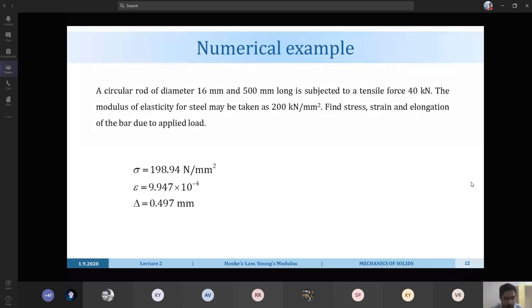What is the stress you are getting? I think calculation mistake, sir. I've taken in meters, sir. Actually, unit conversion mistake. Okay, so can you calculate it again and ensure you are getting the same values? Okay, sir. I'll try.